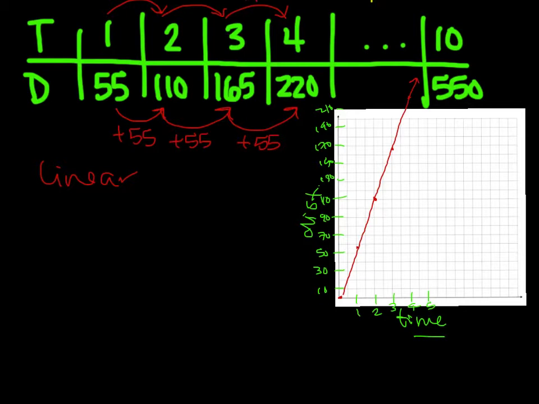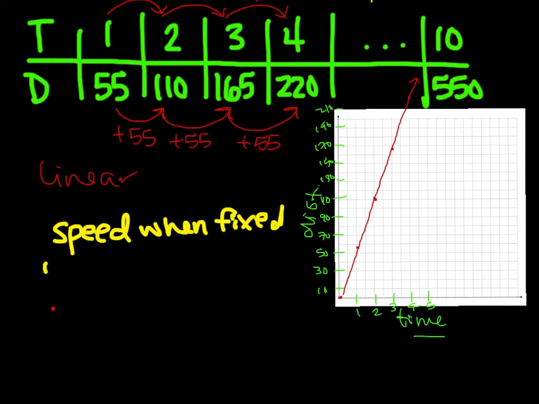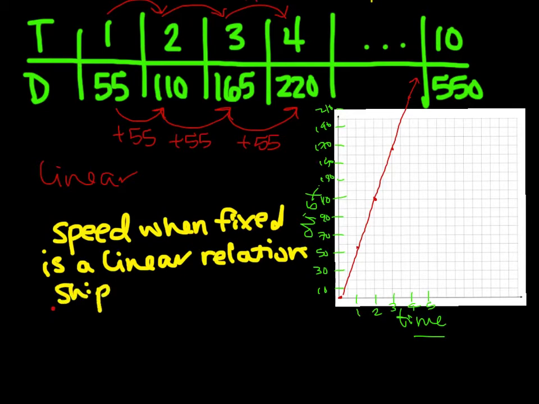So in this case, we can say that speed, when fixed, is a linear relationship for distance and time.